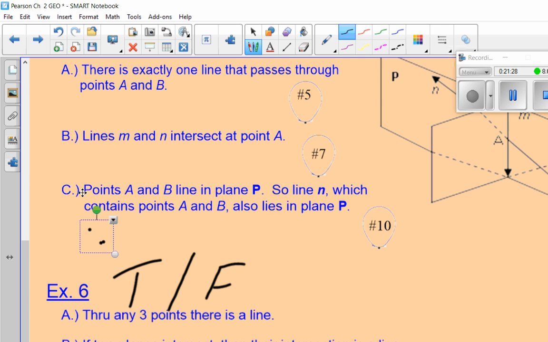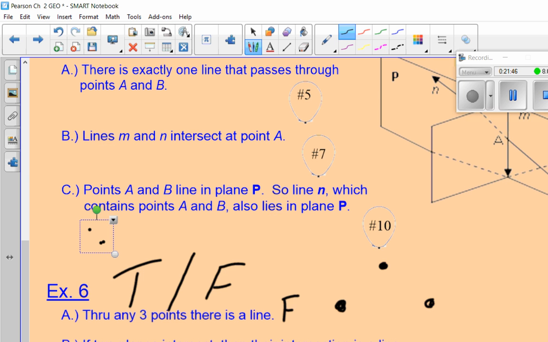Remember, to make it false, I need to have a counterexample, and I only need one. So any 3 points, there is a line. Well, can't I have a point here and a point here, but can't I have a point here? Can I draw a line through all 3 points? And I can't, so that's false.